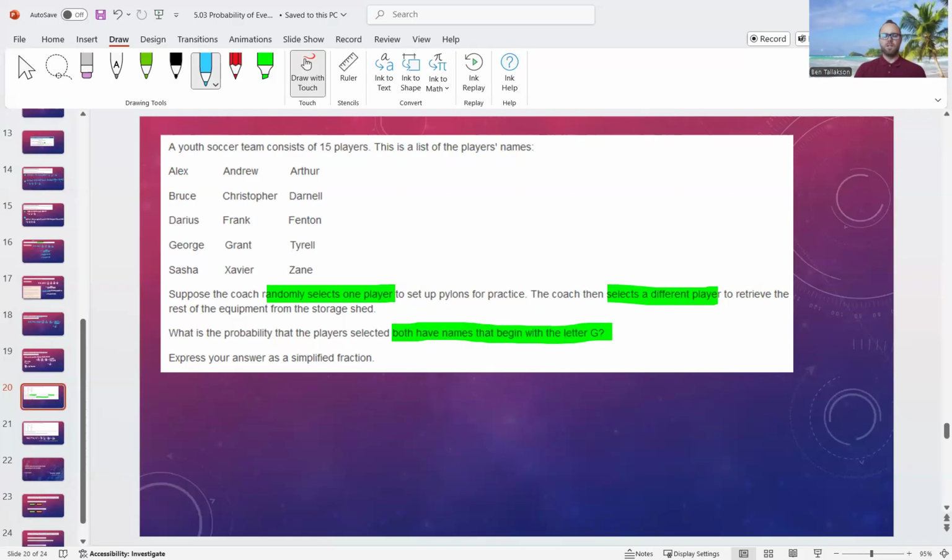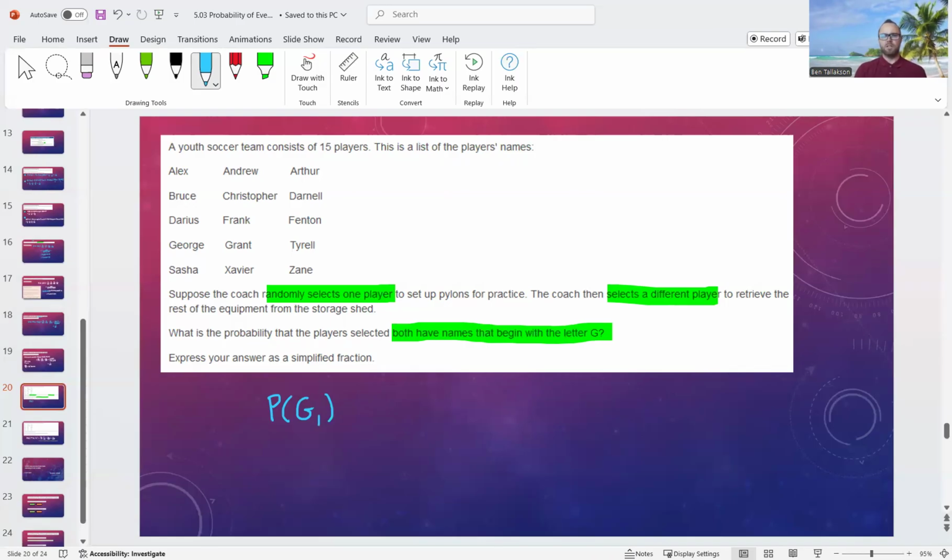Okay, let's see. So notation goes a long way in helping think about what you're going to solve. We want the probability of first selecting someone whose name begins with the letter G. We'll call them G sub 1 since there's two of them. Now, are these independent or dependent events? These are dependent, right? He's picking different players.